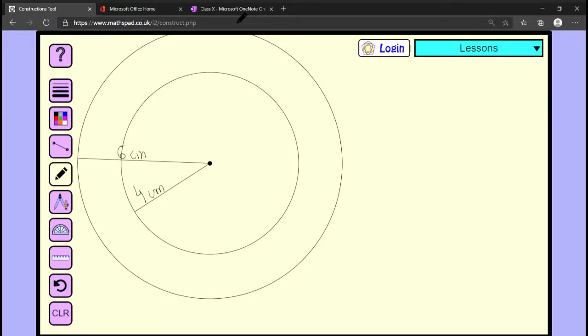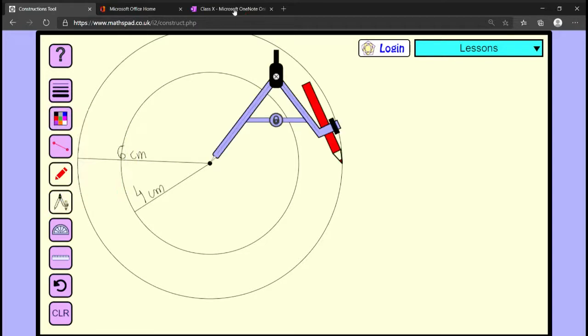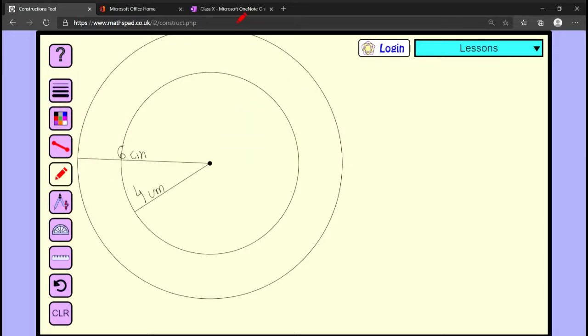I want to draw tangents to the smaller circle from a point on this larger circle. Let's mark a point on the larger circle. I'm going to mark it a little thicker so that it is visible. So let's take it here.